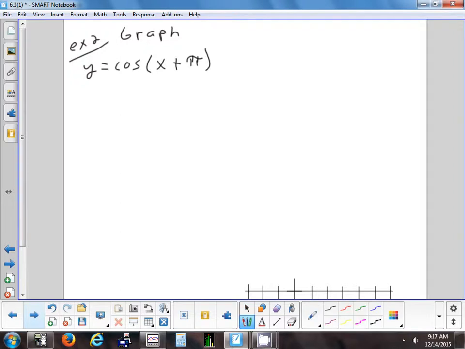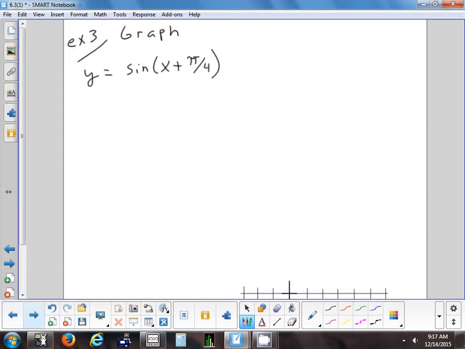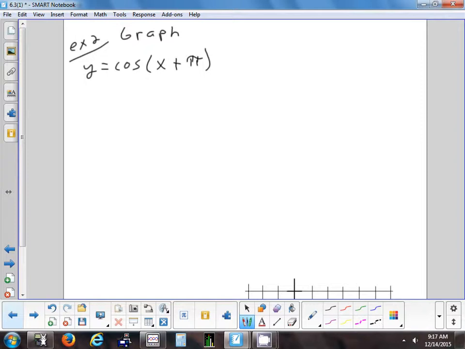One thing I want to make sure everybody notices, when I've added or subtracted something to x, what do you notice in every problem that I have around the argument? I have it there, there, and there, parentheses. If you don't put in parentheses, it's not a phase shift.